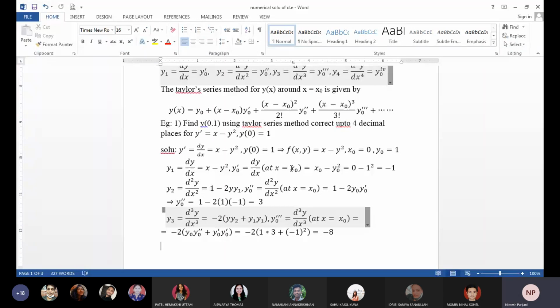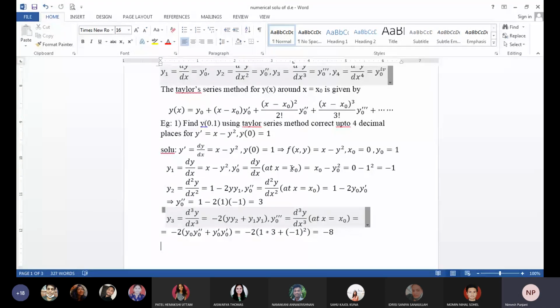So we were solving to find y of 0.1 using the Taylor series method, correct up to 4 decimal places, for y dash equals x minus y square with the initial condition y0 equals 1. When you compare this with equation star, we observe that f(x, y) is given by x minus y square.